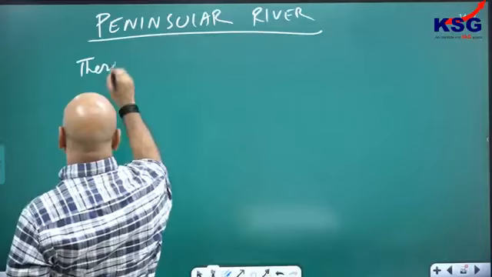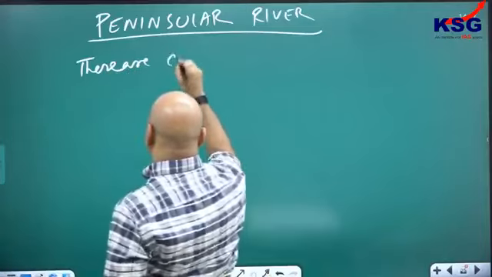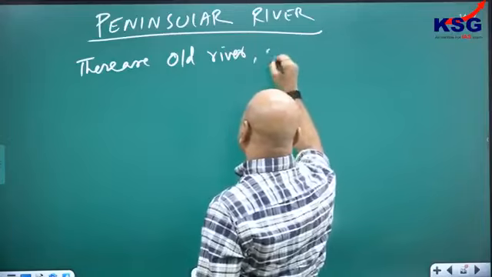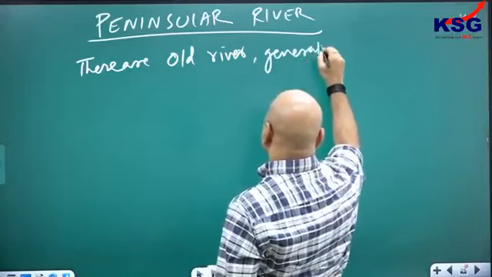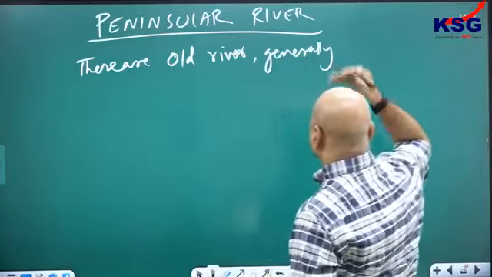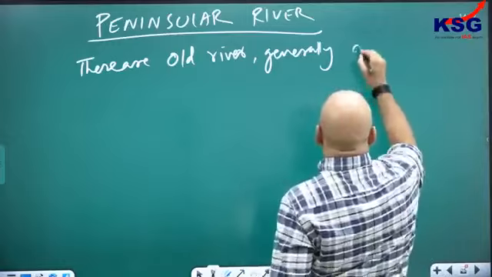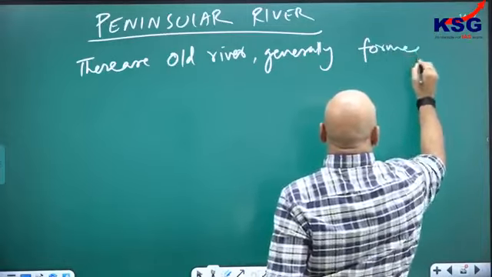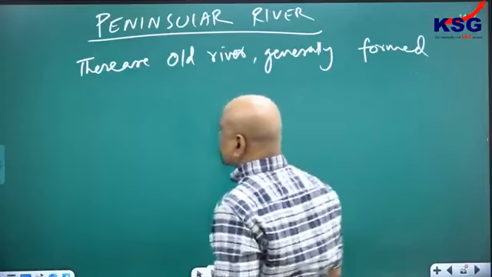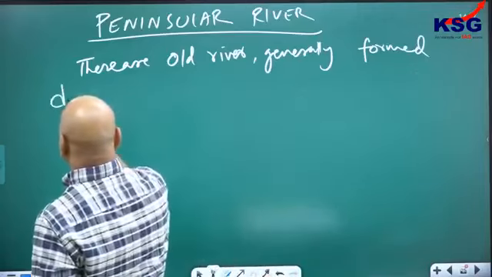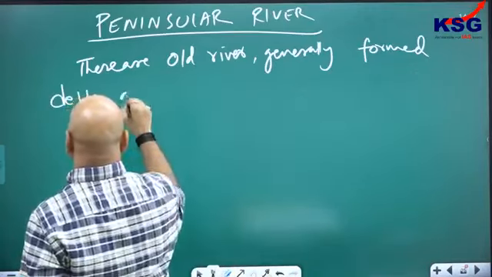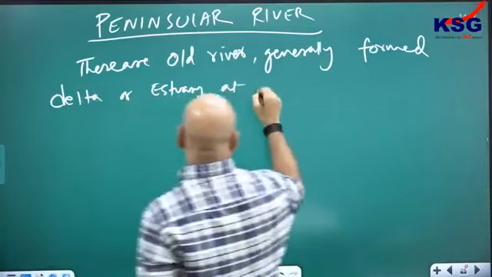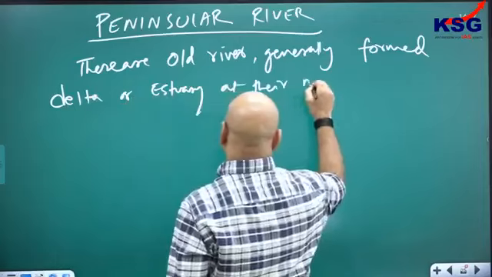These are old rivers, generally formed delta or estuary at their mouth.